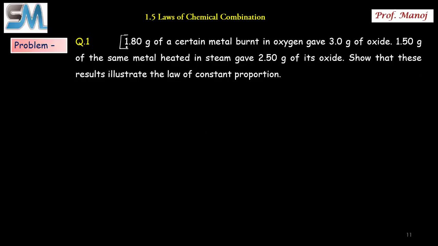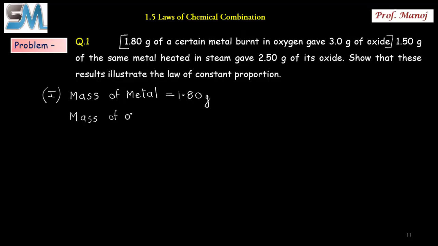Case number 1 is the first experiment given. 1.80 gram of a metal burnt in oxygen gives 3 gram of oxide. So what I understand from case number 1 is, the mass of metal they have given us as 1.80 gram. What will be the mass of oxygen over here?